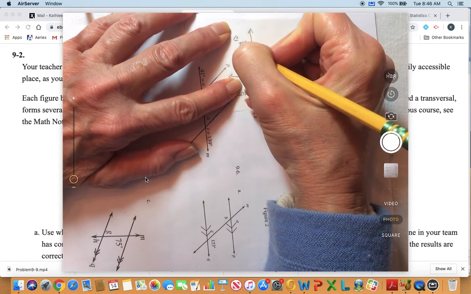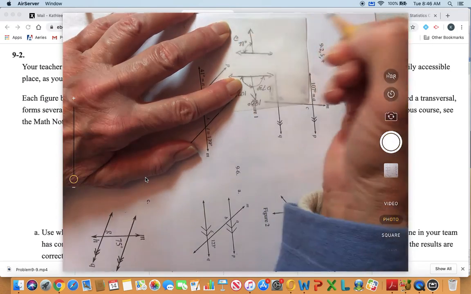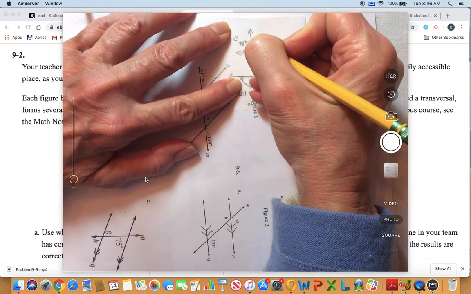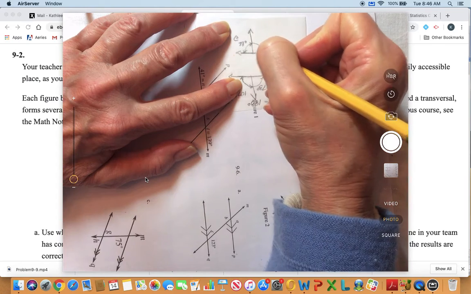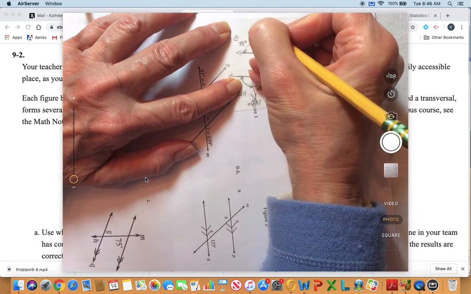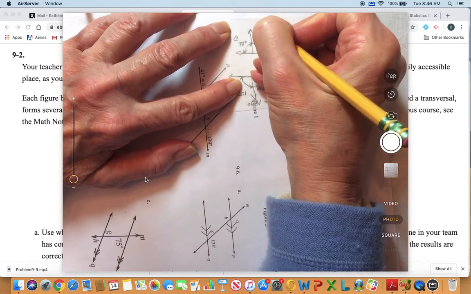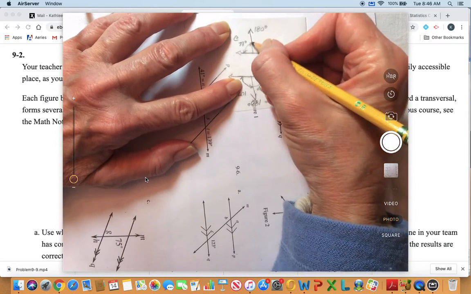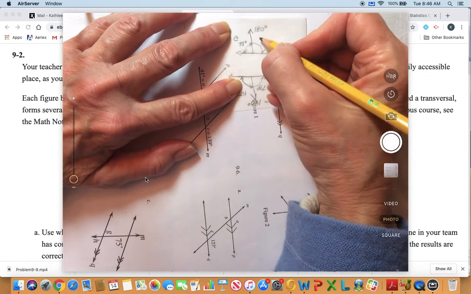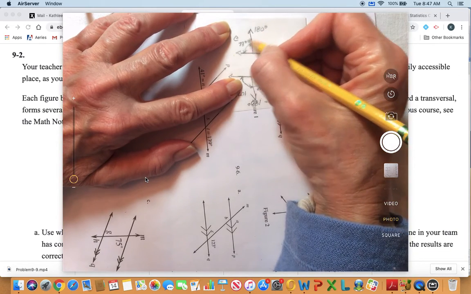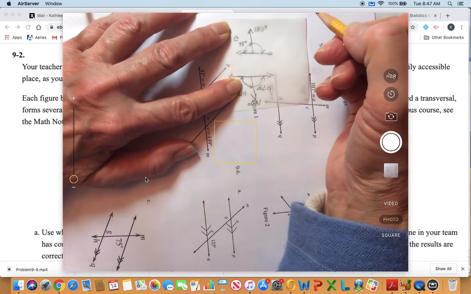So that's this little section right here. But I know that the complete section, which goes from here all the way to here, is 180 degrees. So to find this section here, which is angle D, I need to subtract 73 from 180.